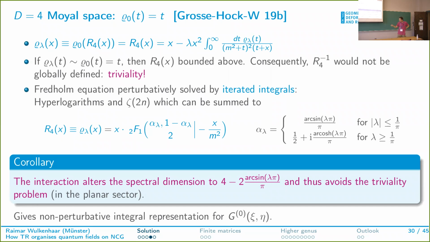So therefore, at least in the planar sector, everything works. Sorry, the Eisenman result, 4 minus epsilon. There are 2 results. In 4 plus epsilon it is trivial. This was known in the 80s. And now, very recently, 2.5 to 3 years ago, it's also trivial in 4. 4 minus epsilon was always okay.